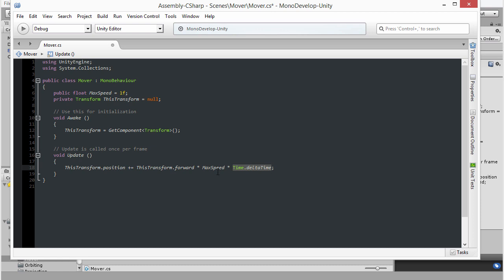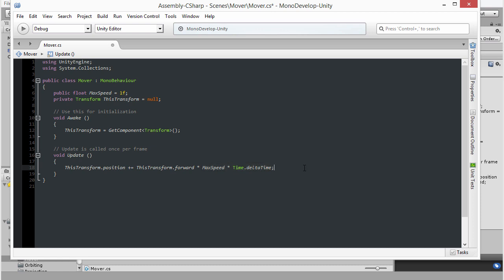And if our speed, for example, was 10 meters per second and half a second had elapsed, we should be traveling 5 meters. So max speed times Time.deltaTime, which in this case of 2 frames per second would be 0.5. When we multiply a value by 0.5, it is halved, and so we always travel the correct speed.